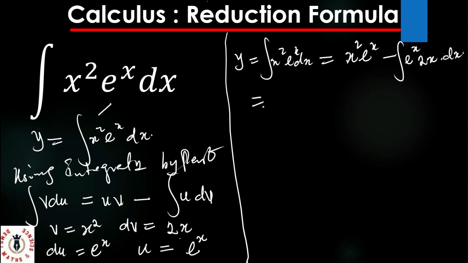So that I can easily write this, let me rewrite it as x squared e raised to power x minus 2 times the integral of x e raised to power x dx. Now, if you look at it again, we have a repeated form, which leads us to another integration by parts.